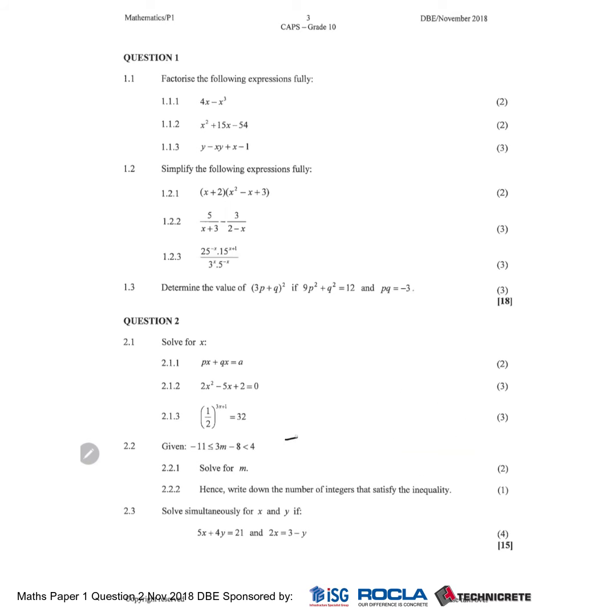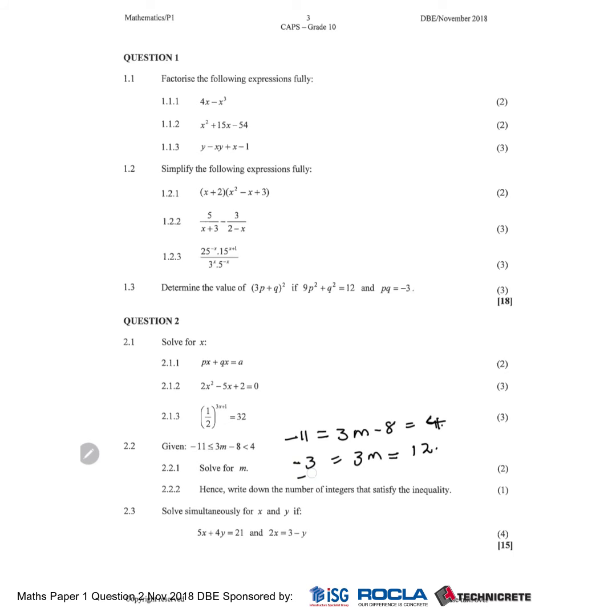Therefore, we say minus 11 plus 8, which is minus 3, equals 3m. And we say 4 plus 8 is 12. Now we still want to get the m by itself, so we're going to divide everything by 3.